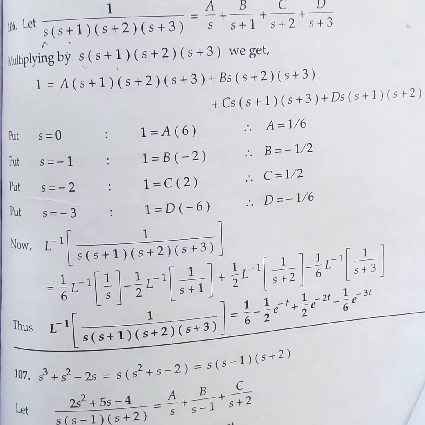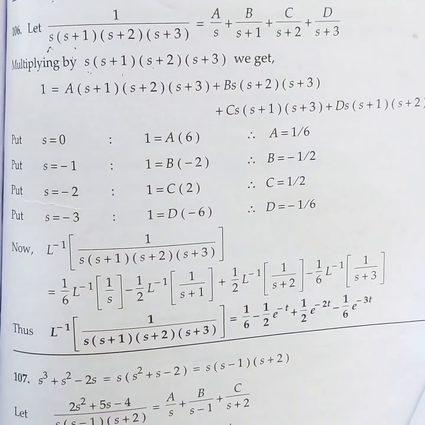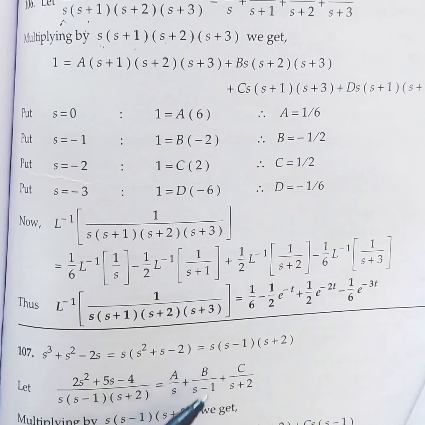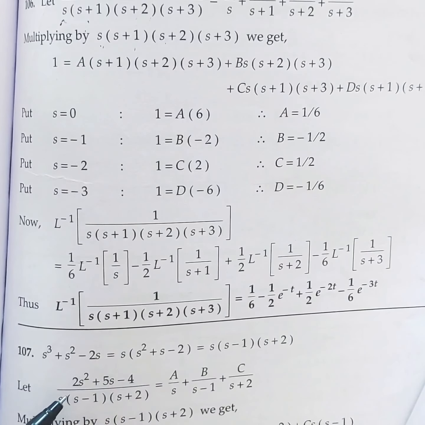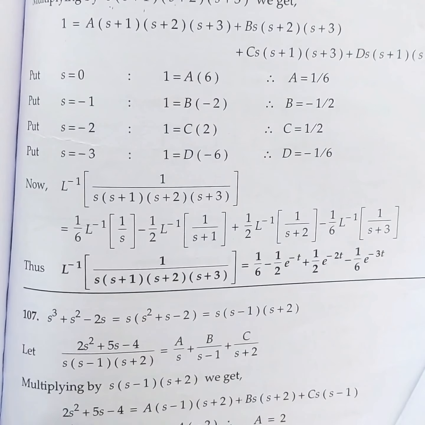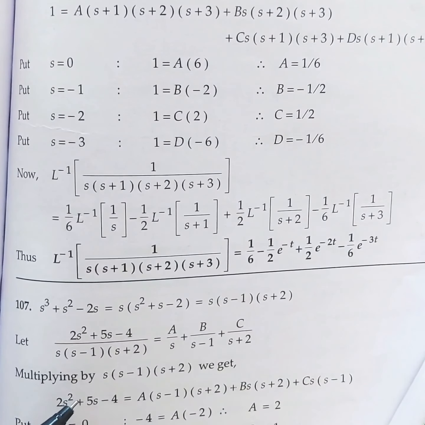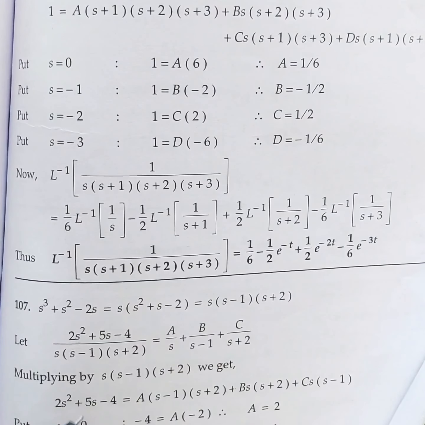Now resolving it into partial fractions, already you know, here it's a simple denominator. Even if you see this problem, simple denominator, so a by s plus b by s minus 1 plus c by s plus 2. We have a numerator here, that is not going to affect us. So we are going to take LCM, and on the left hand side we'll be having these values. You will be substituting suitable values for a, b and c, those that make a become 0, b become 0, c become 0.